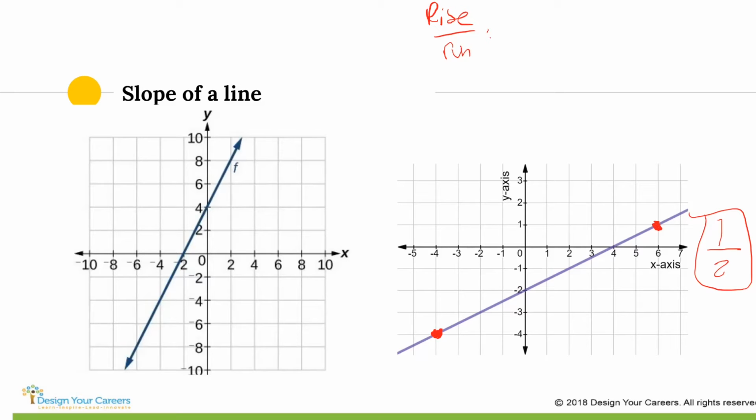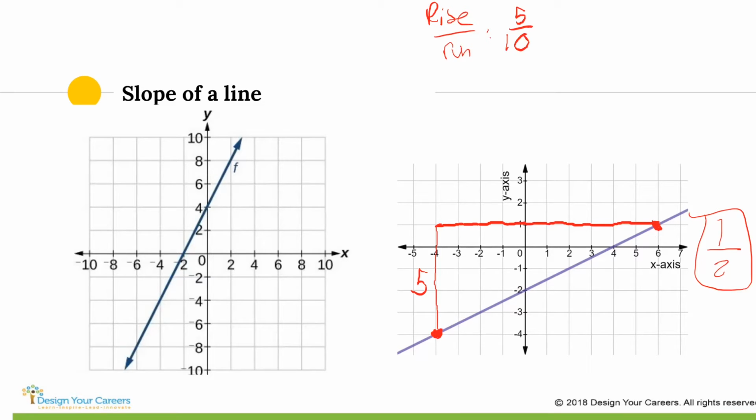So let me show this to you guys. So we're going up 1, 2, 3, 4, 5, right? So we're rising 5. We can put 5 up here because we are rising 5, right? And we are going over, running to the right. 1, 2, 3, 4, 5, 6, 7, 8, 9, 10. 5 over 10.